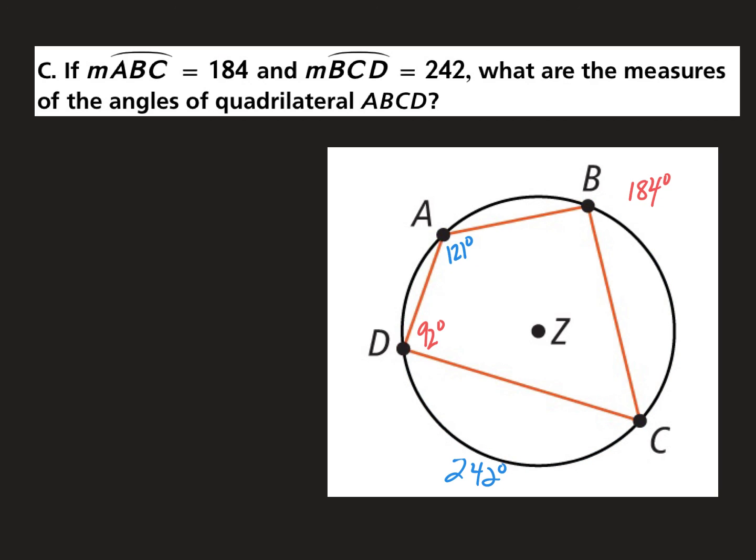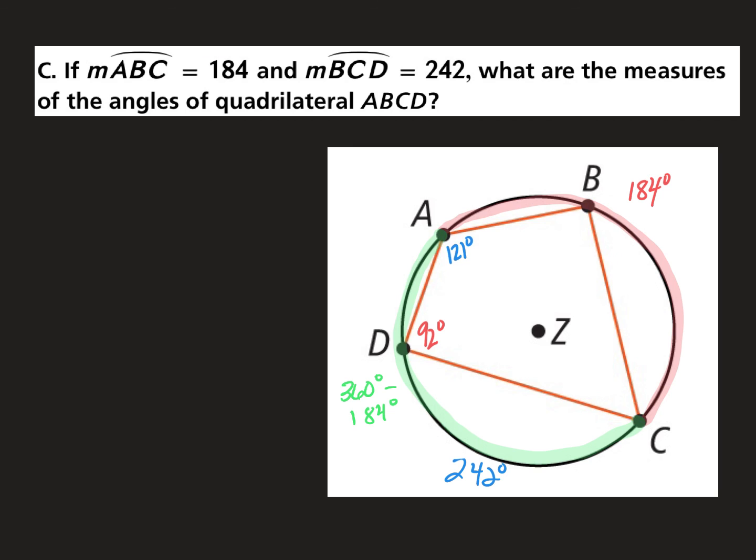All right, so how do we find angles B and C? So let's start with angle B. So I know that, remember, we had that ABC right here was 184 degrees. So that means that arc ADC, so the other part of this green arc, would be 360 degrees minus 184.